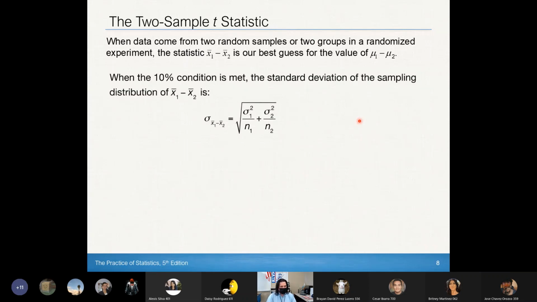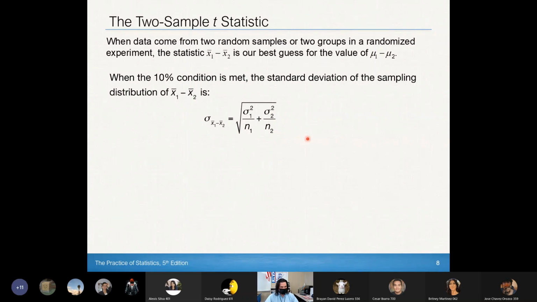When the 10% condition is met, the standard deviation of the sampling distribution of x bar 1 minus x bar 2 is essentially the same formula we saw on the previous page, right? Sigma, the standard deviation of the difference of the sample means, is the square root of the variance of population 1 divided by the sample size from population 1, plus the variance of population 2 divided by the sample size from population 2.